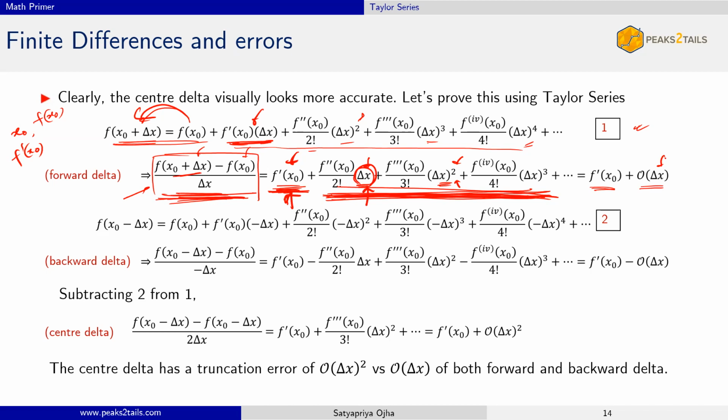Whichever is the highest term, that would be the order of the error. So yes, it's of the order of delta x. So we write that forward delta is the true derivative plus some error, and that error is of the order of delta x.